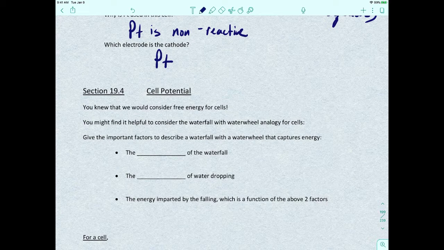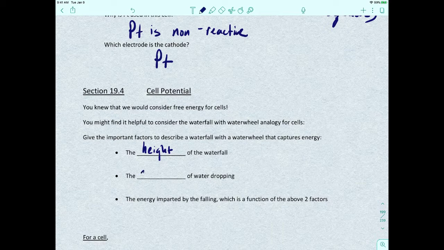So give the important factors to describe a waterfall with a water wheel that captures energy. Well, the biggest thing is the height, because the farther the water has to fall, that's going to make a bigger difference with how much energy it's going to give you.